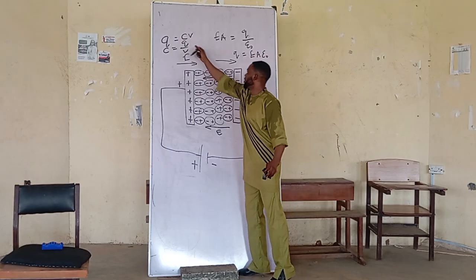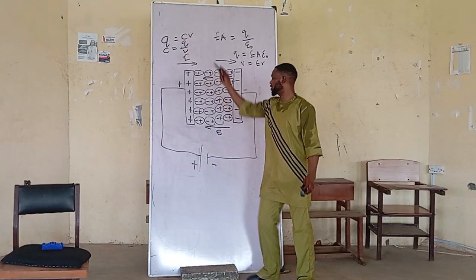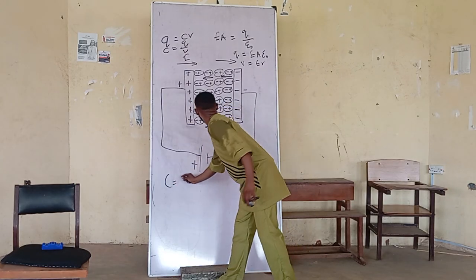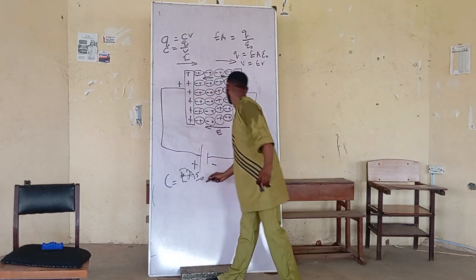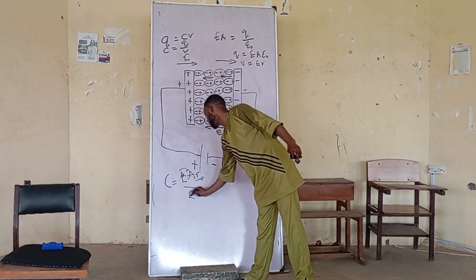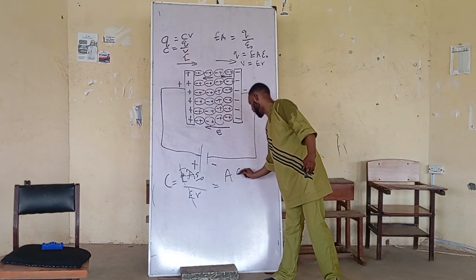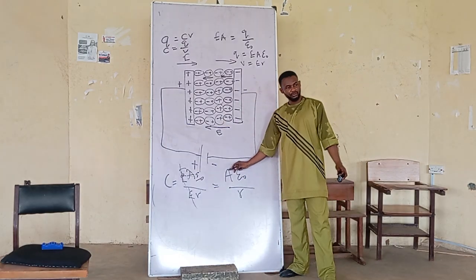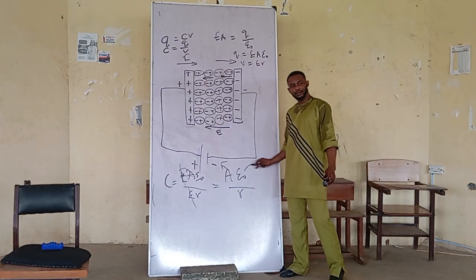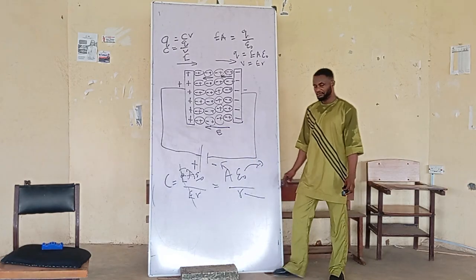If you carry this and put it here, V itself is given by E R. So now C is equal to E A E naught all over E R. This will cancel this. So capacitance is simply A E naught over R. So it depends on the area, permittivity of free space, and distance of separation. Very important to note.